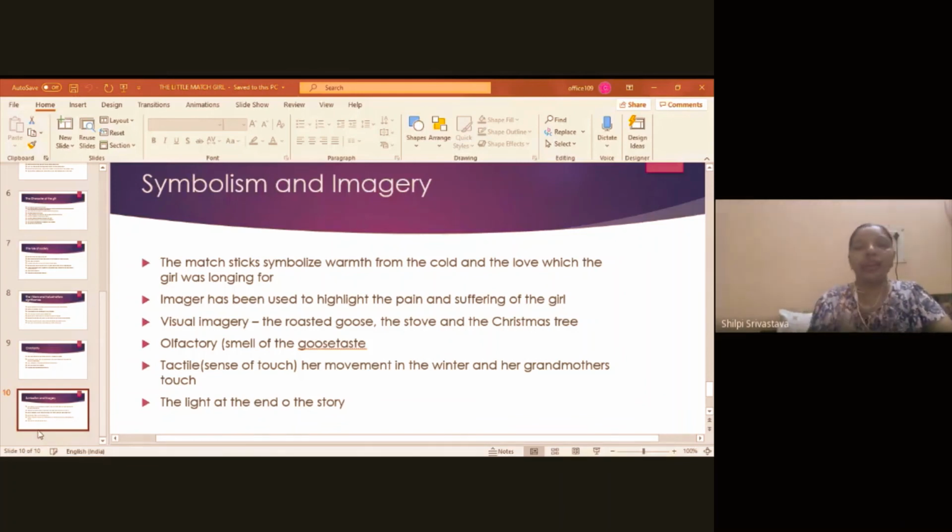Authors, not only Anderson but other authors also, when they want to create a certain emotion in the readers, when they want the readers to get involved in the story and imagine as if the story is happening right in front of them, they use this kind of imagery.